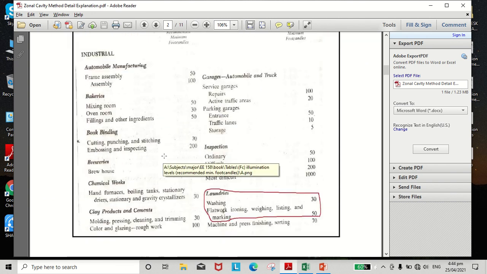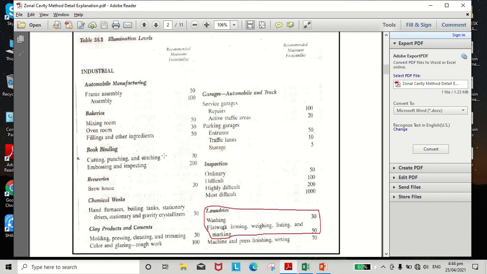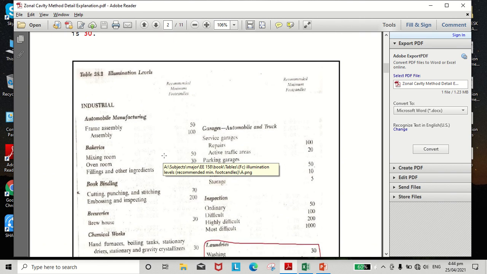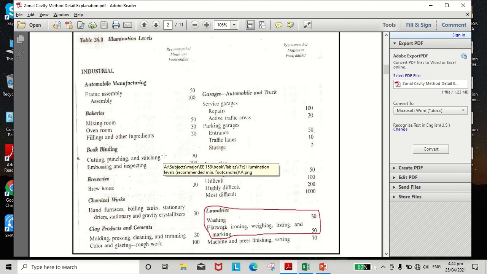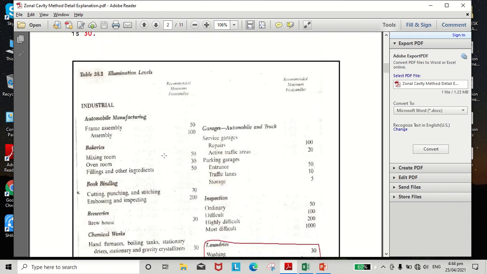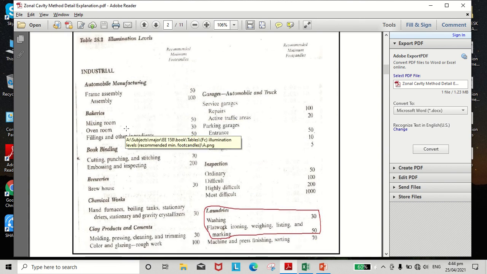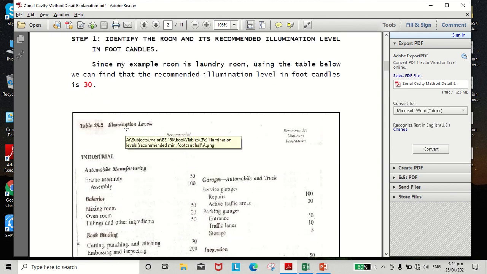This picture is from the National Electrical Code 2000, if I'm not mistaken, the newly edited NEC, new edition. Here is our Table 28.2, illumination level. You can also find this table in the Philippine Electrical Code, so we just look for it there. I will give you a copy of the NEC and the PEC, or National Electrical Code and Philippine Electrical Code.